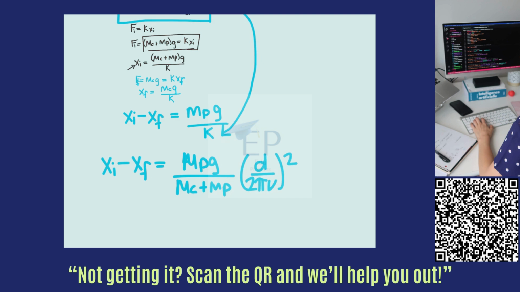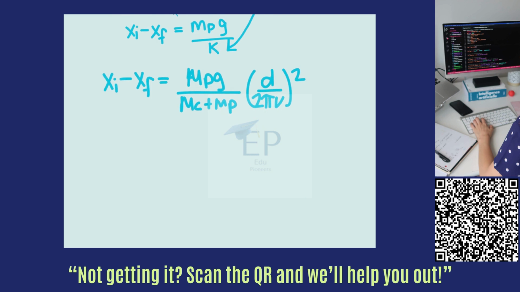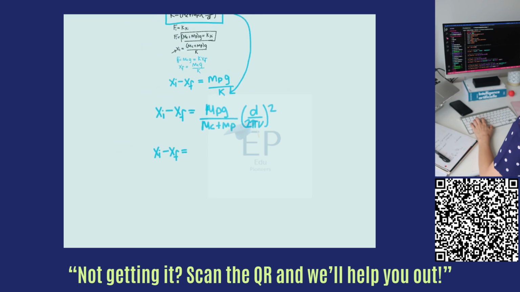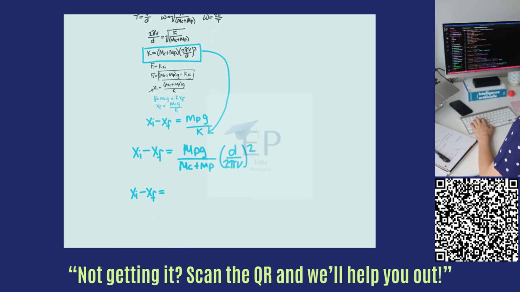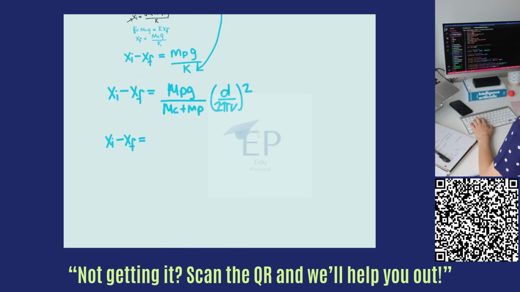And we'll start substituting in our known values. So x_i minus x_f is going to equal the mass of our people, which was 328 kilograms.